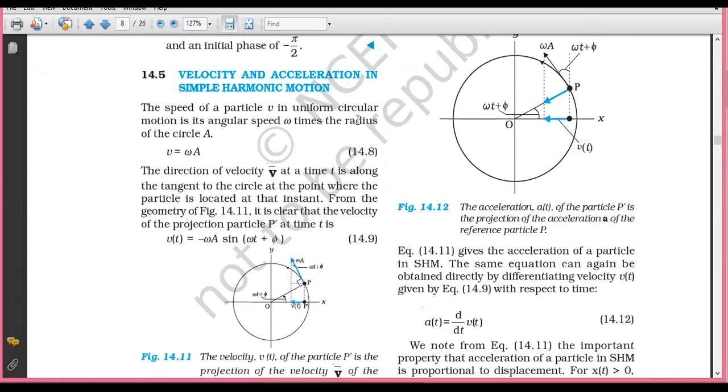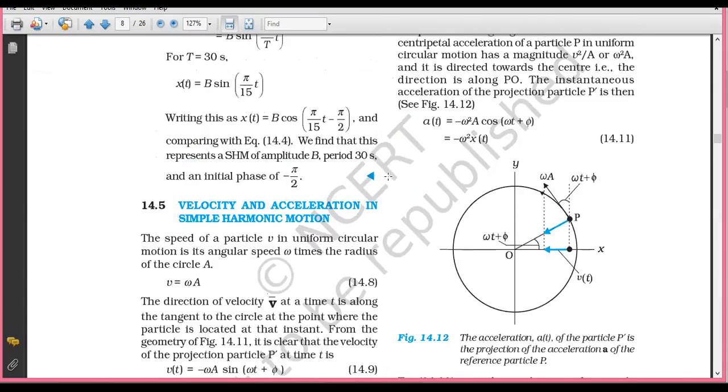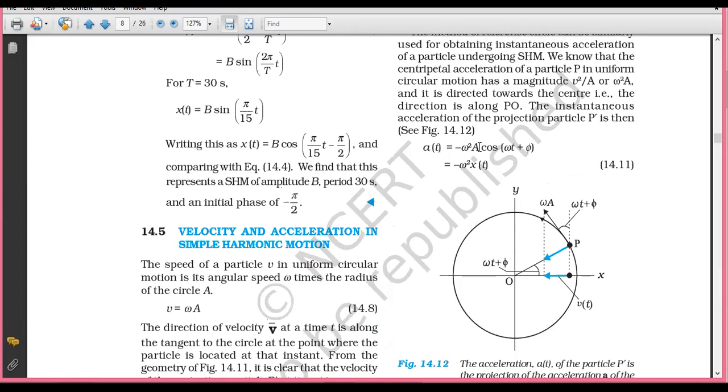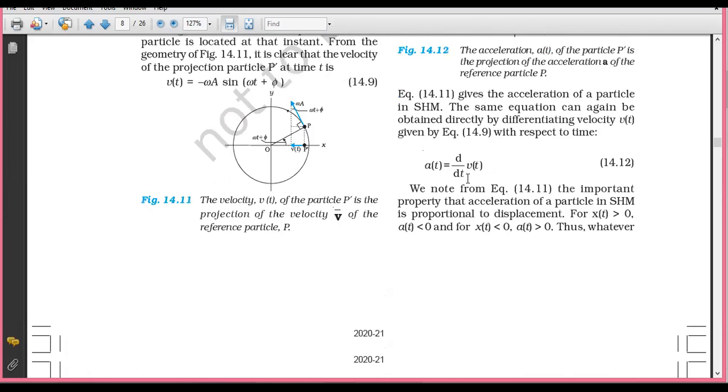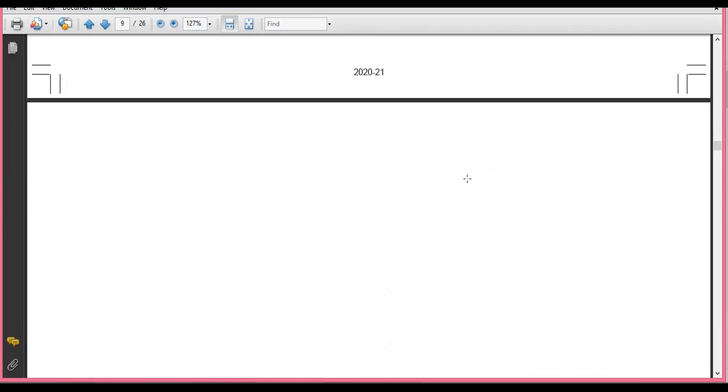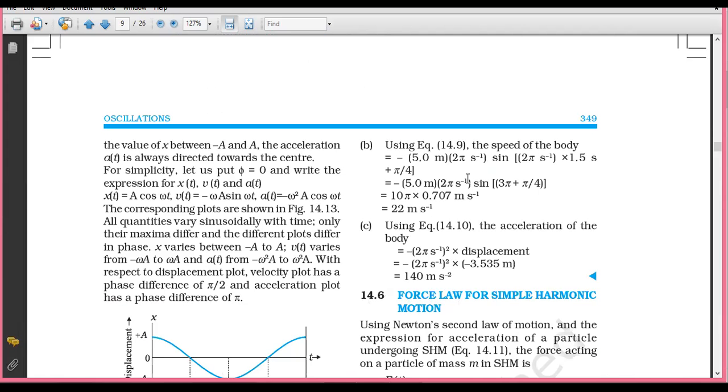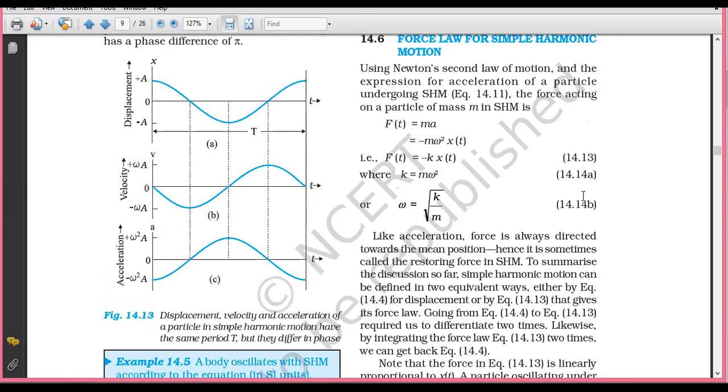Velocity and acceleration in simple harmonic motion, we already discussed it, right? Differentiating this, we discussed this: omega squared into x is the acceleration, negative of the displacement. So whatever is given, I think it will cover most of the things. Some of the topics it's not covering, so we'll talk about that.